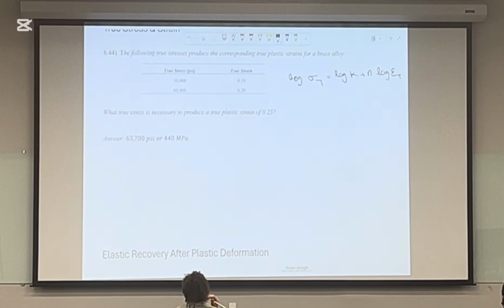So by plugging these into this equation, you will end up with two equations and two unknowns. Then you can find k and n.